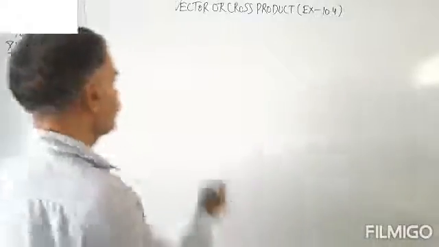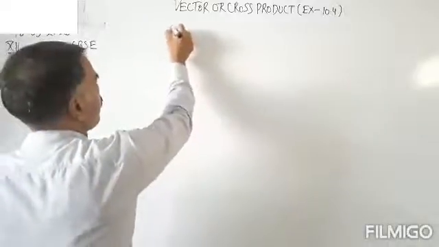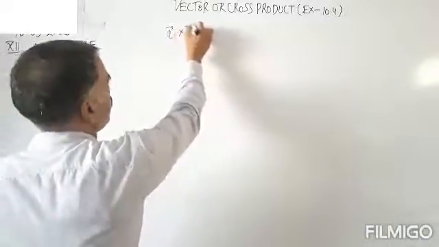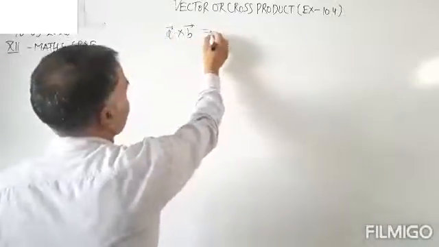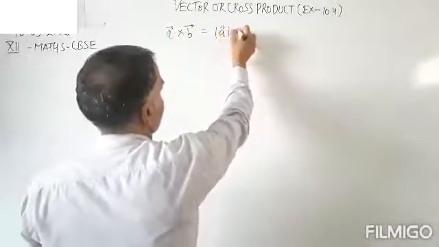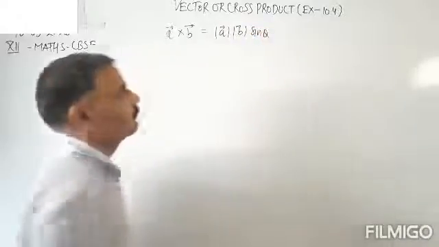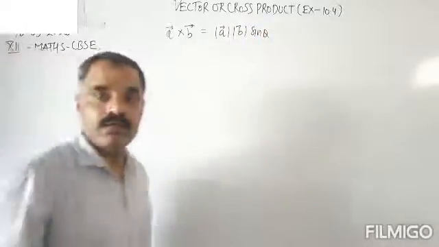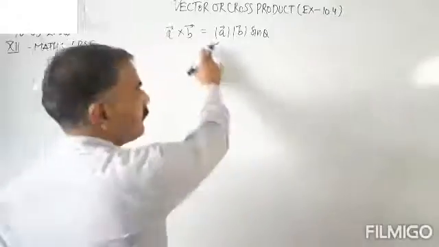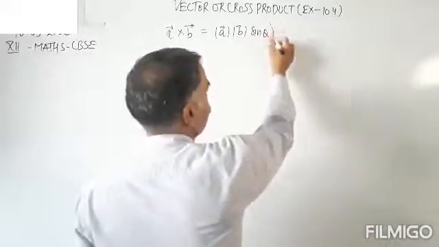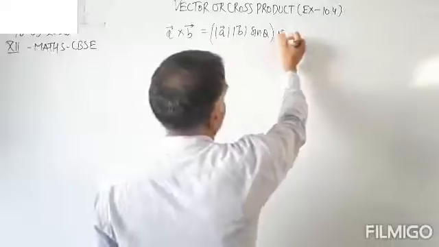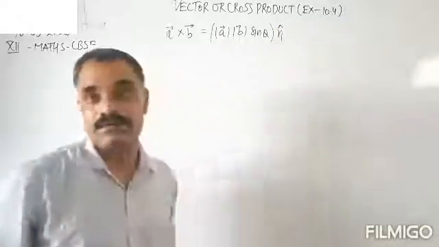The vector product of two vectors a vector and b vector is denoted as a vector cross b vector, and this equals magnitude of a vector, magnitude of b vector, sine of theta. As this is a scalar quantity, to make this quantity a vector we have the direction n cap.